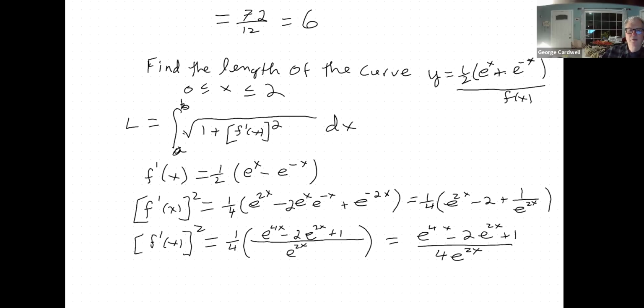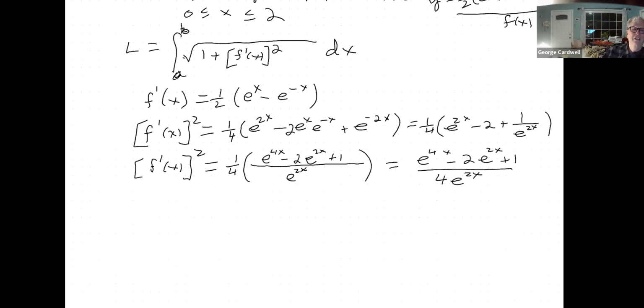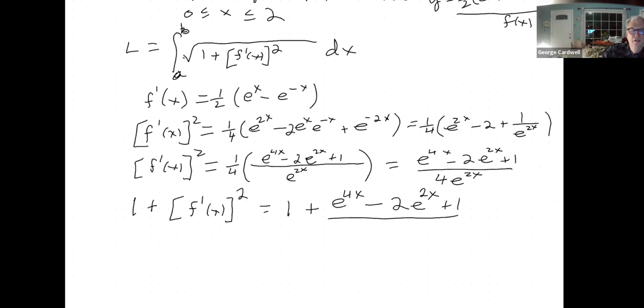But the formula says I have to take whatever that is and add 1 to it. So now I have 1 plus f prime x squared, which is now going to be 1 plus all of this. Again, to add 1 to this fraction, I need a common denominator.